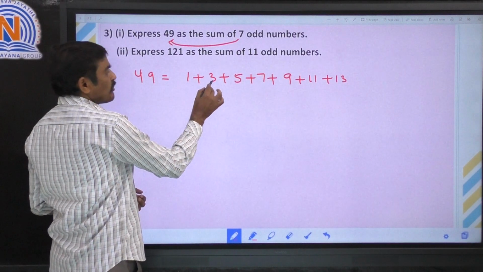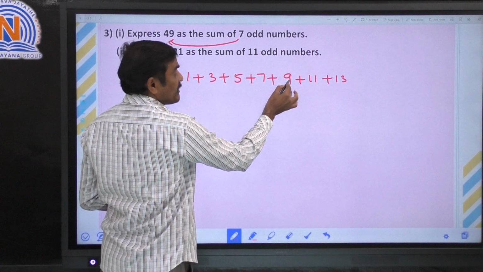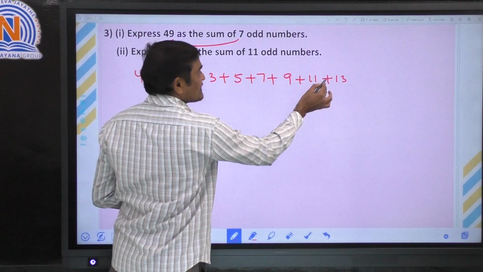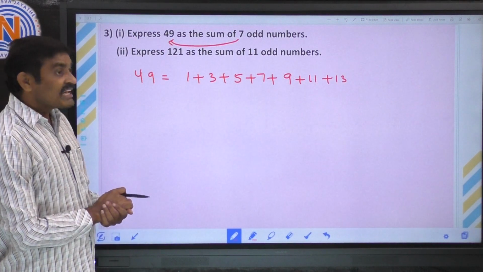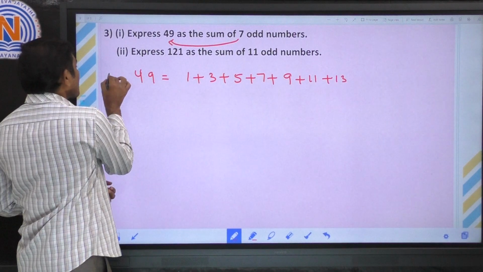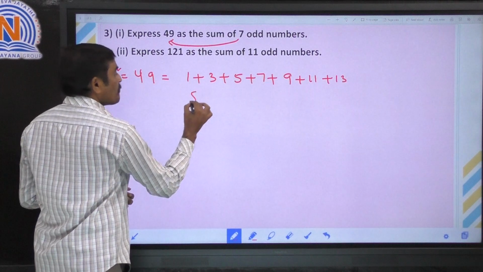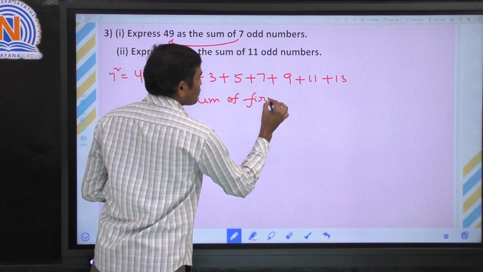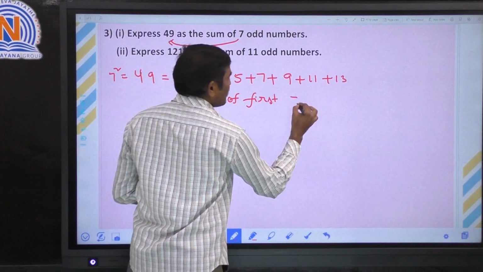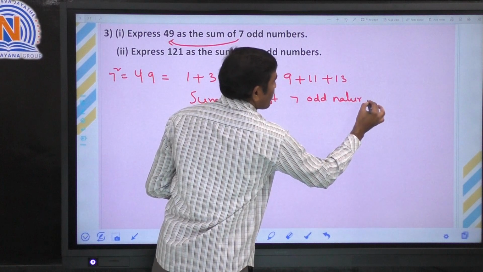1 plus 3, 4, 4 plus 5, 9, 9 plus 7, 16, 16 plus 9, 25, 25 plus 11, 36, 36 plus 13 is 49. So that is equal to 7 square. Okay, so 7 square is equal to 49. That is equal to the sum of first 7 odd natural numbers.